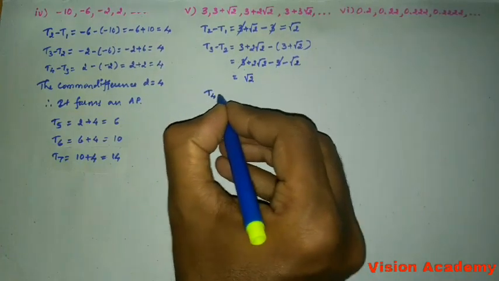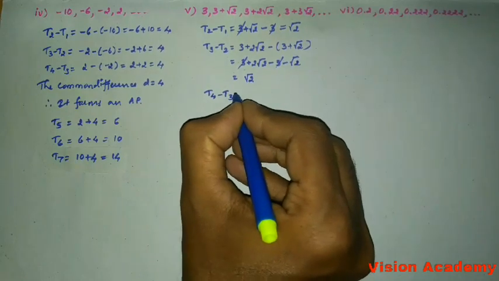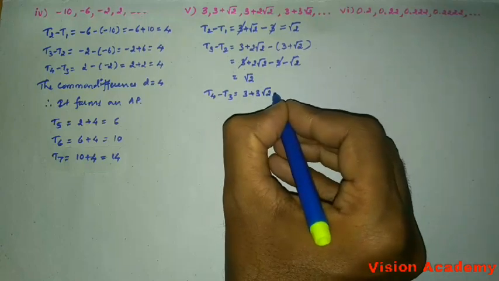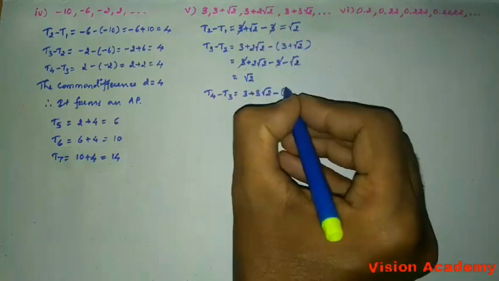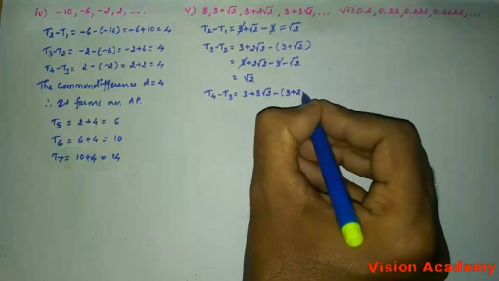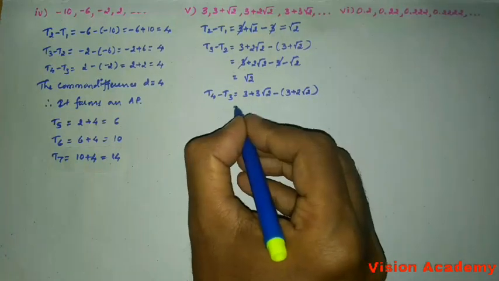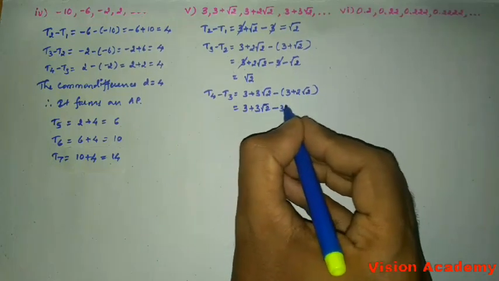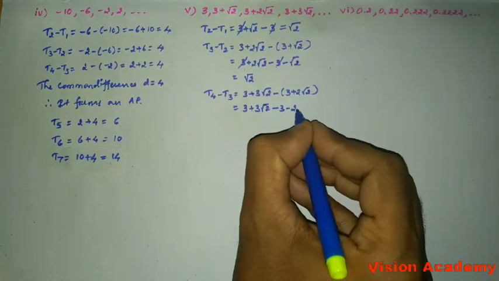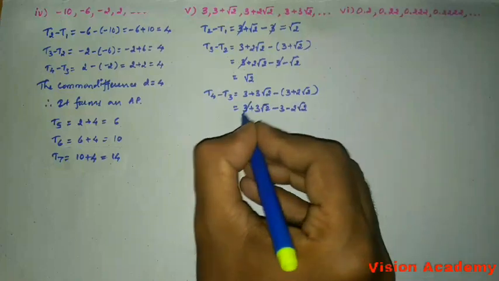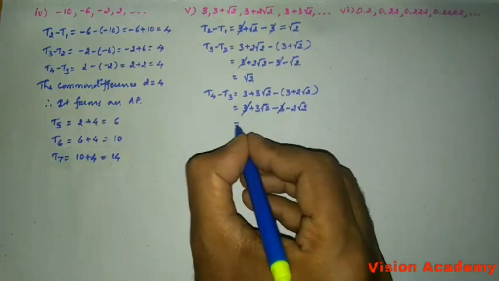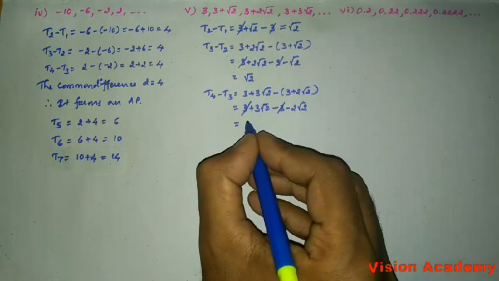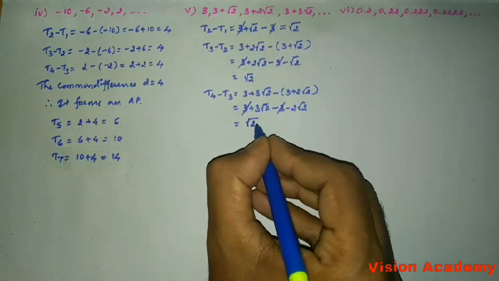Here T4 - T3 is equal to 3 + 3 square root of 2 minus T3, which is 3 + 2 square root of 2, which is equal to 3 + 3 square root of 2 - 3, minus into plus is minus 2 square root of 2. Here this plus 3 minus 3 will get cancelled. 3 square root of 2 - 2 square root of 2 is 1 square root of 2, that is square root of 2.